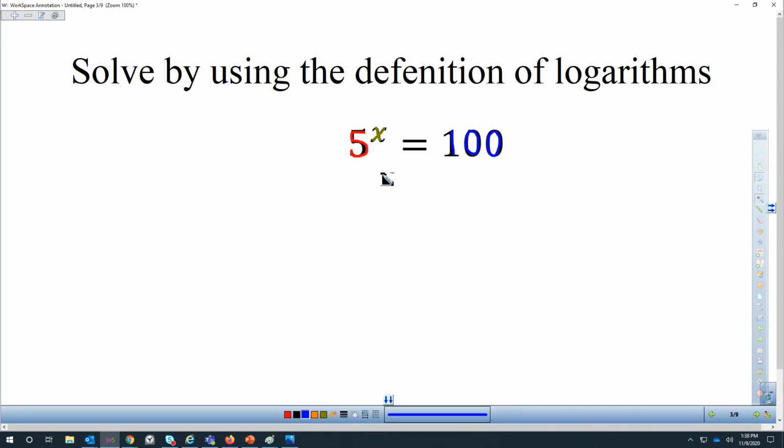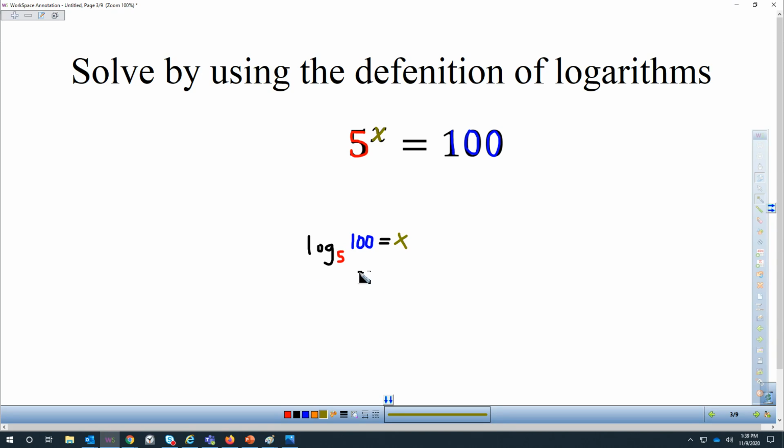I'm going to rewrite that using my log notation. So log base 5 of 100 is equal to x. Okay, that is this equation rewritten in log form.